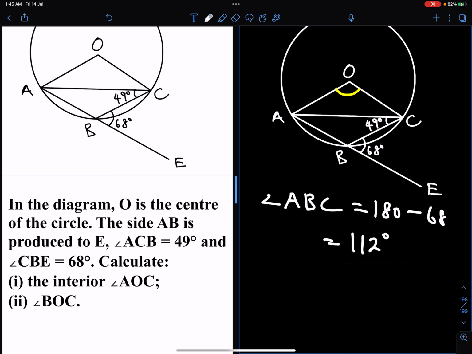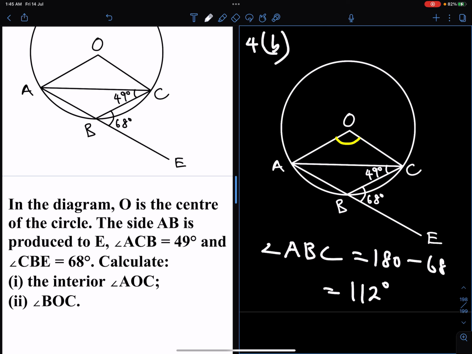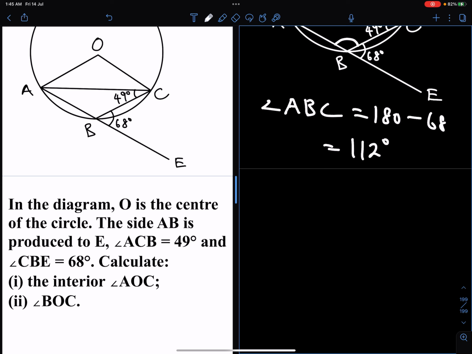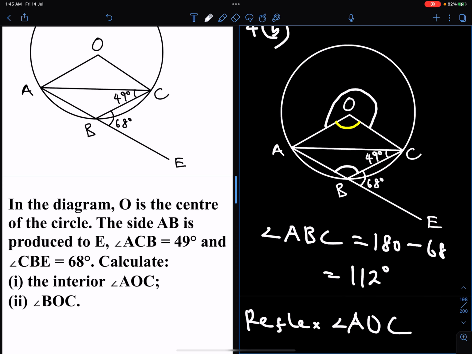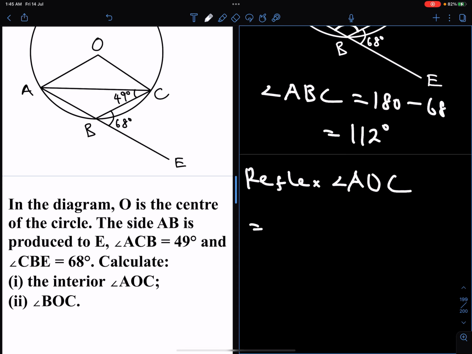Now, if we know angle ABC is 112 degrees, that simply means reflex angle AOC, which is this, is going to be 2 times ABC. Reflex angle AOC equals 2 times angle ABC.